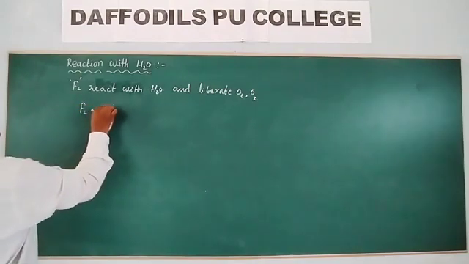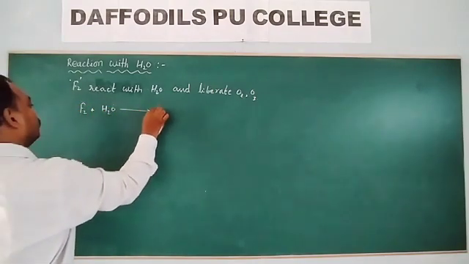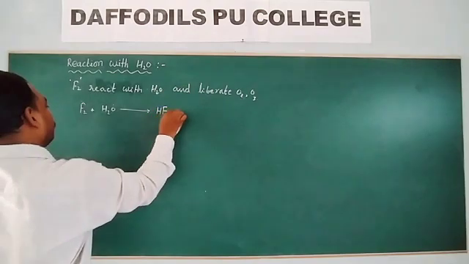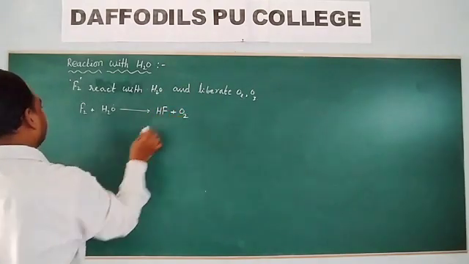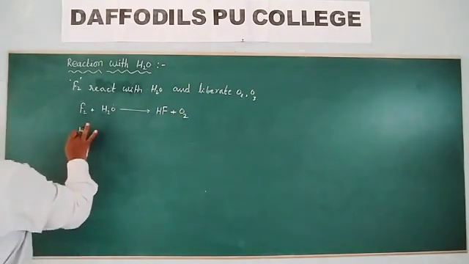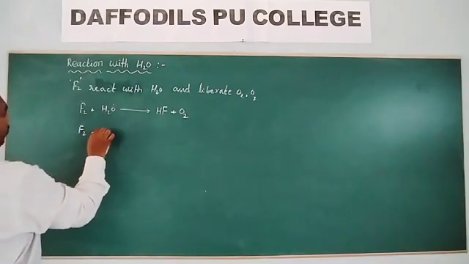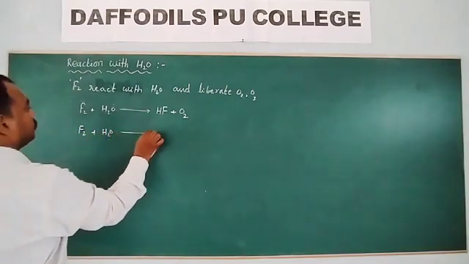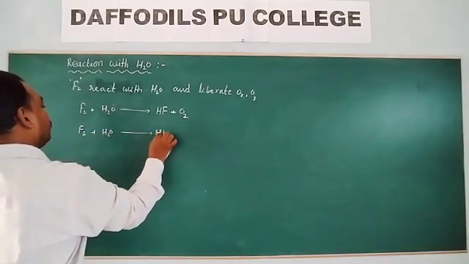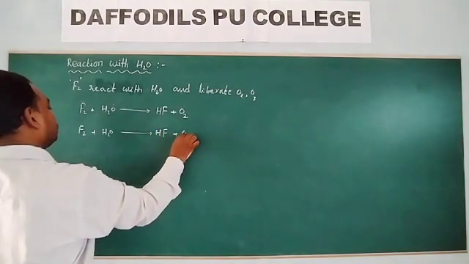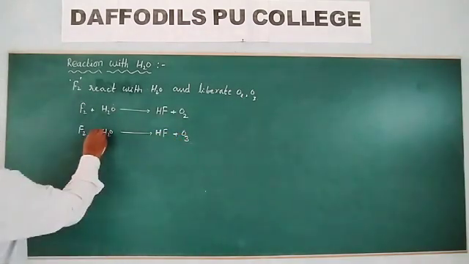F2 plus H2O gives rise to HF plus O2. F2 plus H2O gives rise to HF plus O3.